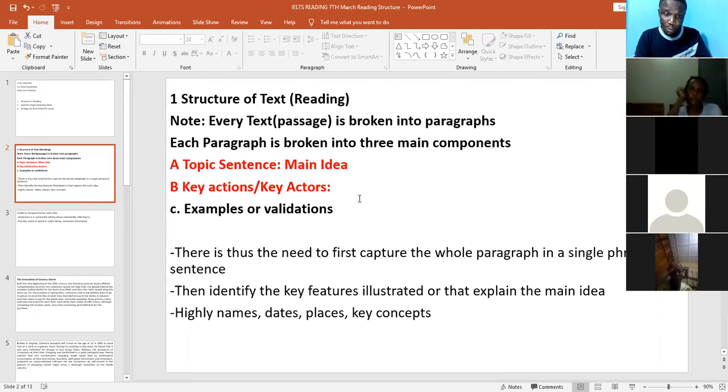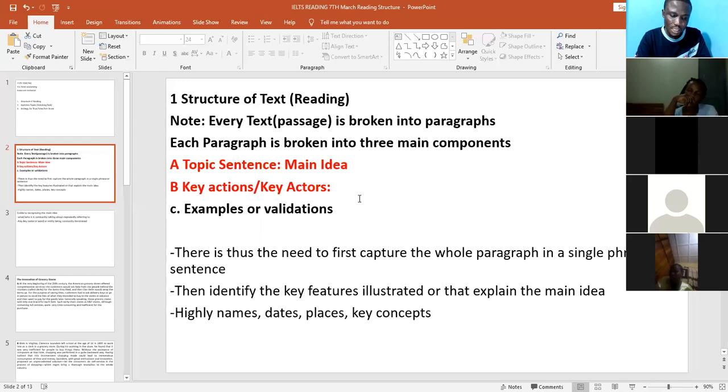Because one of the problems you can run into in IELTS is reading your passage more than once. It leads you to a lot of problems. So I will teach you to read once and capture the main idea, and when you capture the main idea, you'll be able to identify the key actions that describe the main idea.